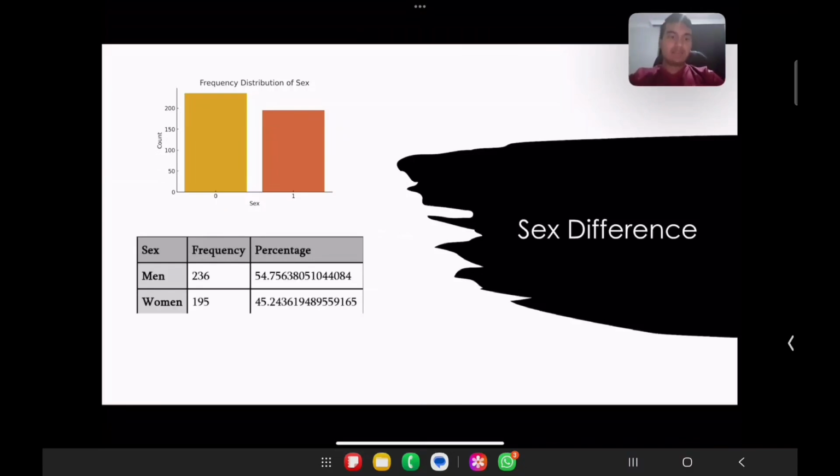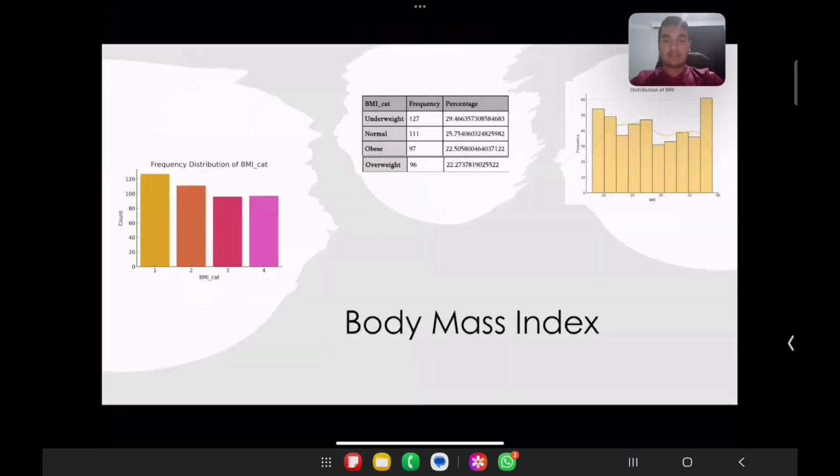So 0 means man and 1 means woman in this slide. 236 patients, main patients, are arrhythmia and not general patients frequency there. And you can see the frequency distribution graphic again there. So let's go on with the body mass index. My mate will explain it there.